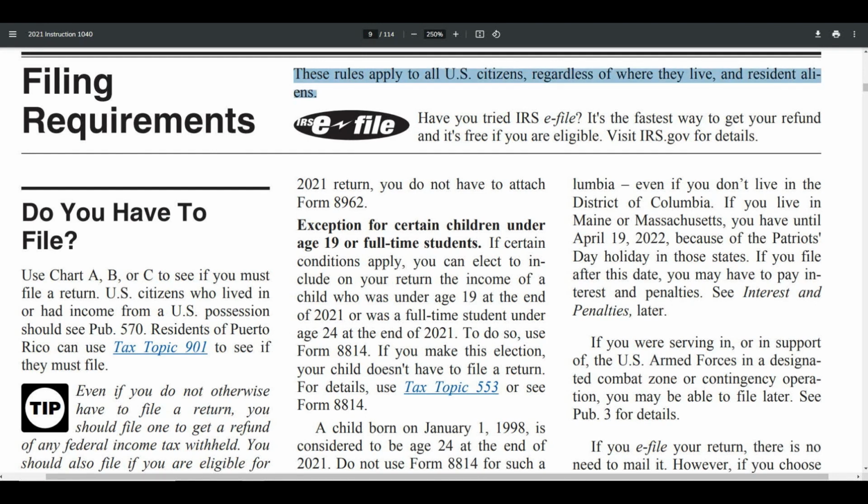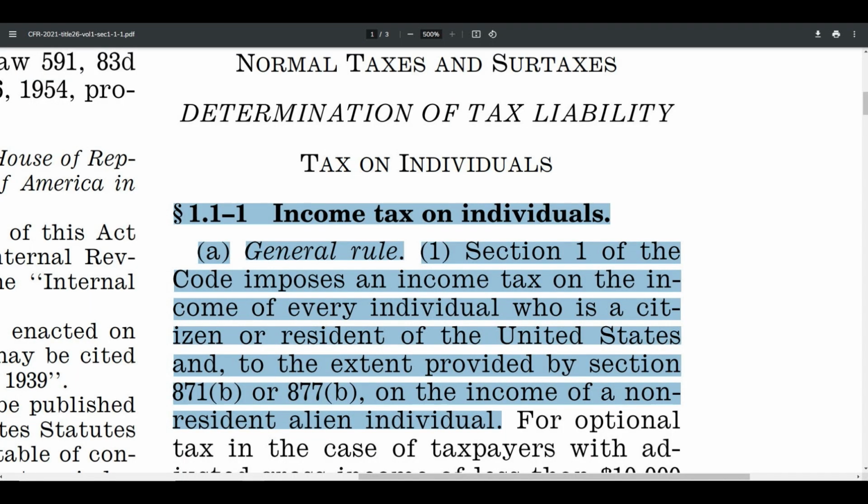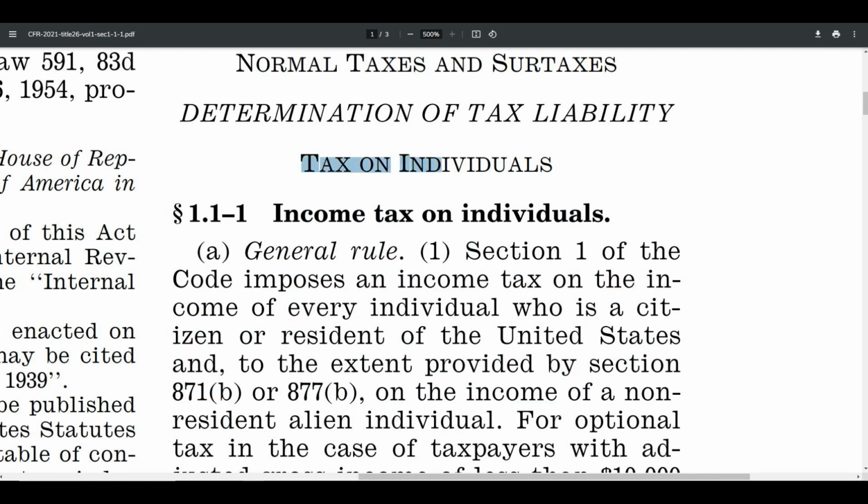Now, we're going to go to the regulations of Section 1. Everybody knows Section 1 of the Internal Revenue Code imposes an income tax on individuals. The regulation for that, 1.1-1, income tax on individuals, says that Section 1 of the Code imposes an income tax on the income of every individual who is a citizen or resident of the United States.